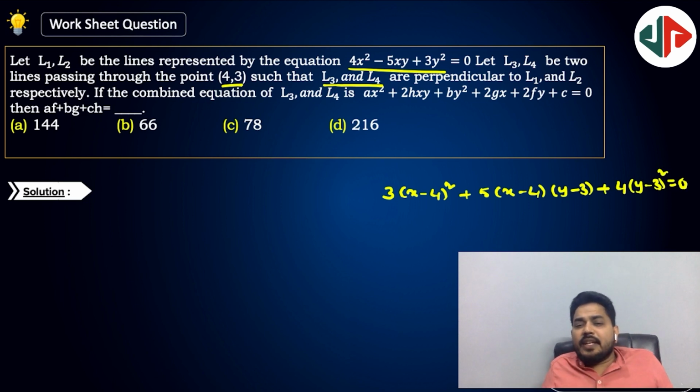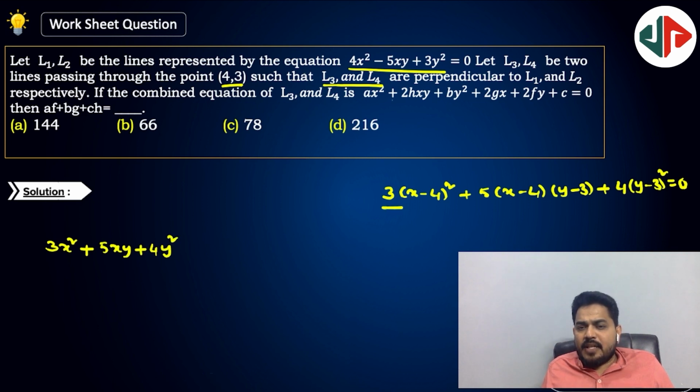That's the only thing. If you simplify, you will get this answer as 3x square plus 5xy plus 4y square.